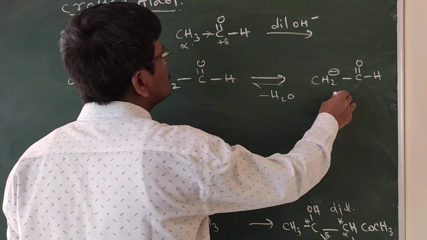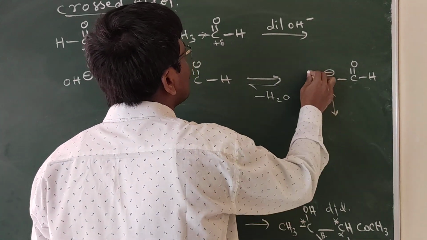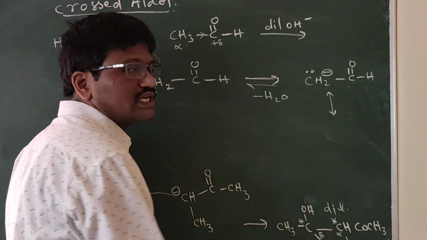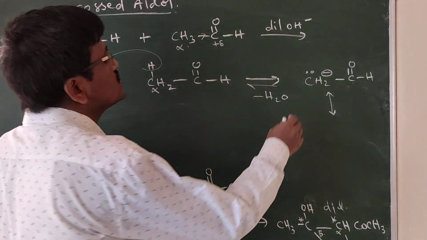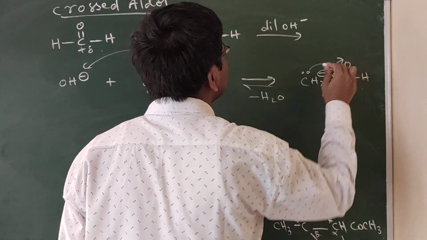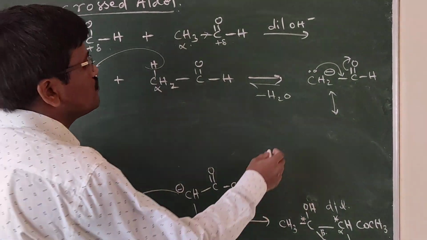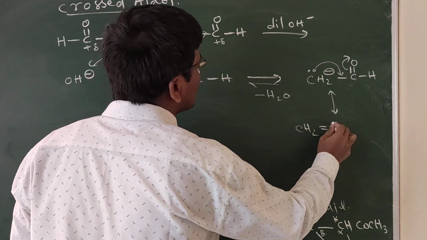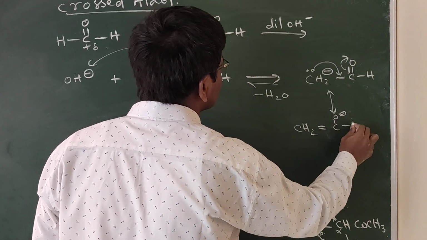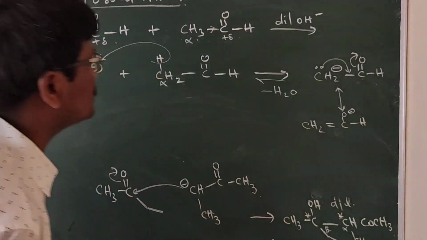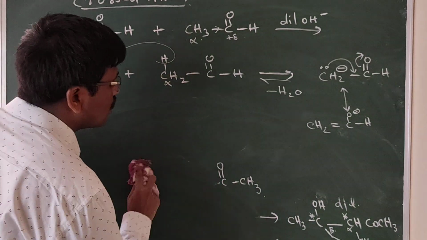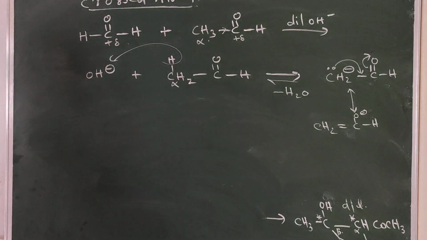This carbanion is stabilized by resonance because this lone pair is in conjugation with the pi electrons of the C double bond O group. So this lone pair is involved in delocalization, and we get an enolate ion like this. This carbanion is stabilized by resonance.